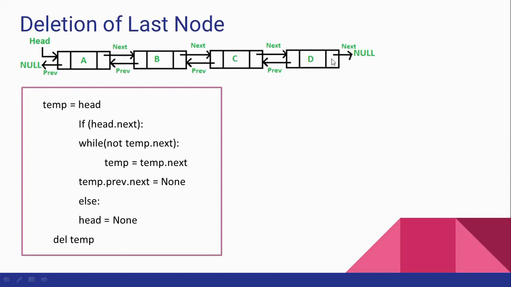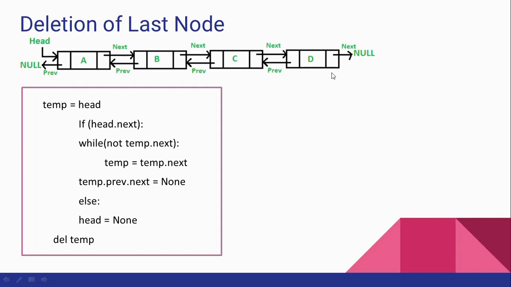And in order to delete the last node, the previous node of the last node should have its next pointer connected to the null value. So that is what is given here: temp equals temp.next.